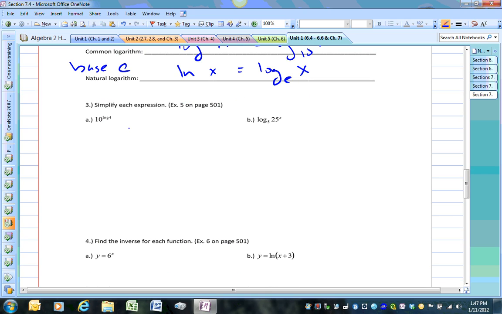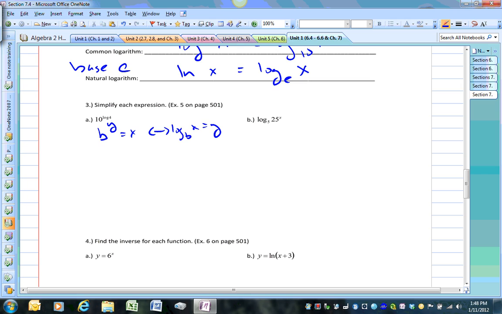Number 3 is a little tricky. So here we have an exponential function, but we have a logarithm inside an exponential function. Now remember, b to the y equals x, same thing as saying log base b of x equals y.